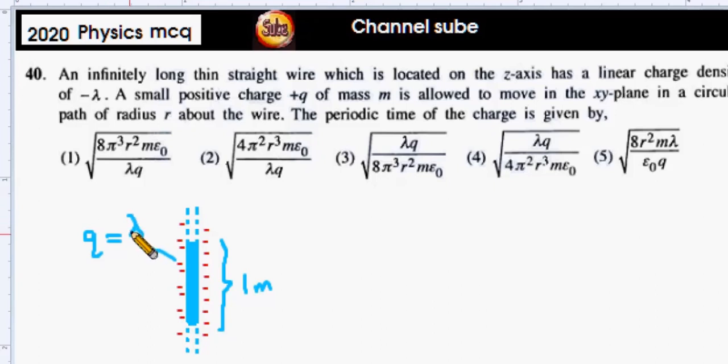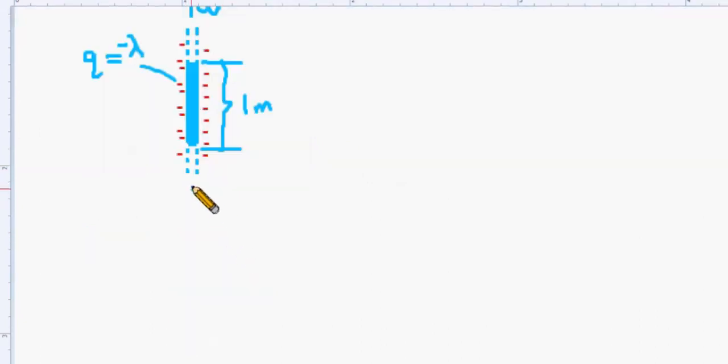That is what charge density is, charge per meter. So now we know q, we know the length of the wire. We consider only this limit. The wire extends to infinity, this side also extends to infinity.